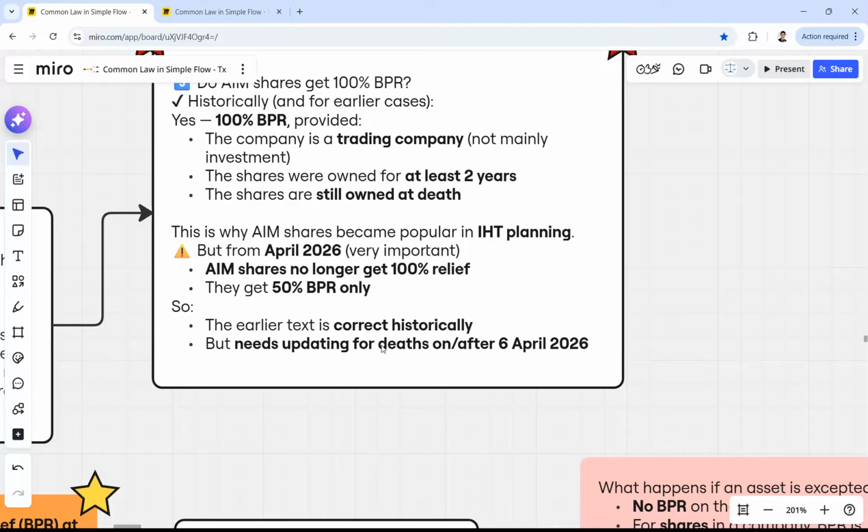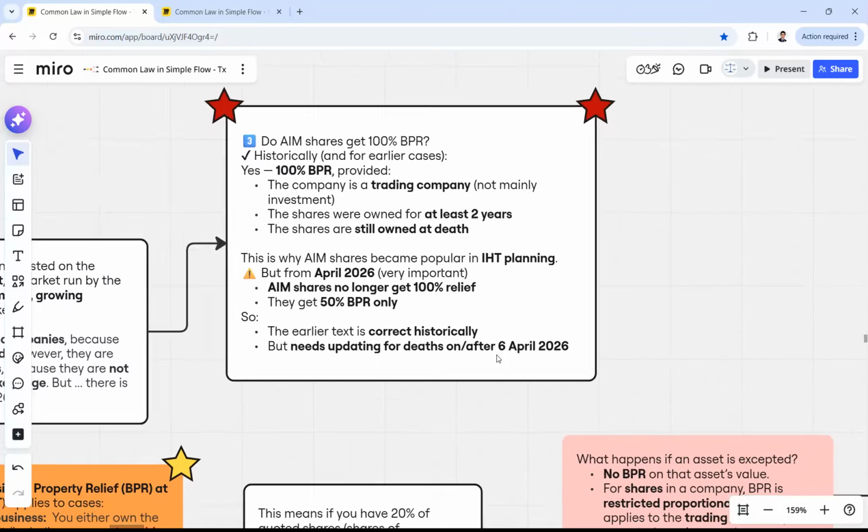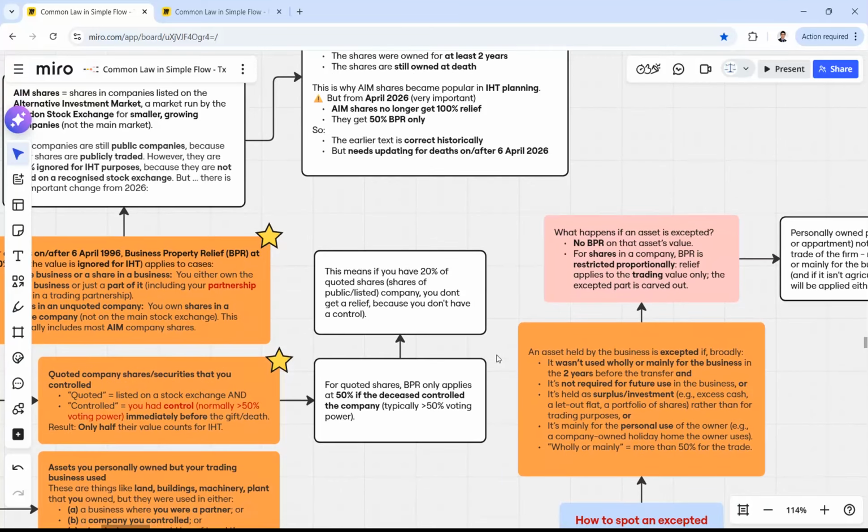So the earlier text is correct historically, and if there are cases from earlier times, deaths before 2026, then it will work. But the text needs updating for deaths on or after 6th of April 2026.